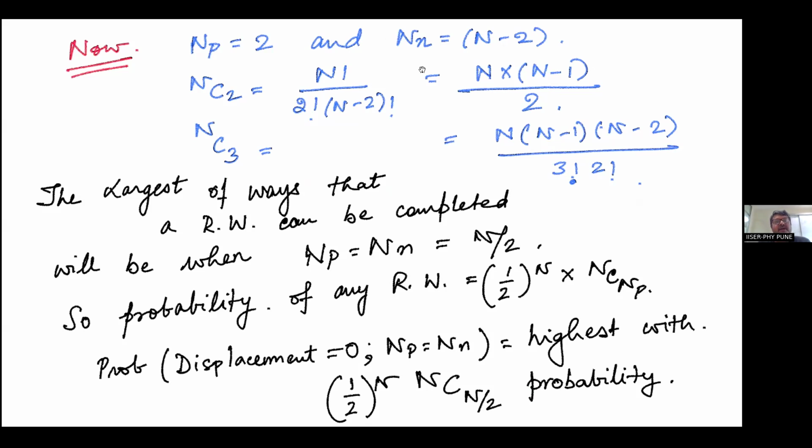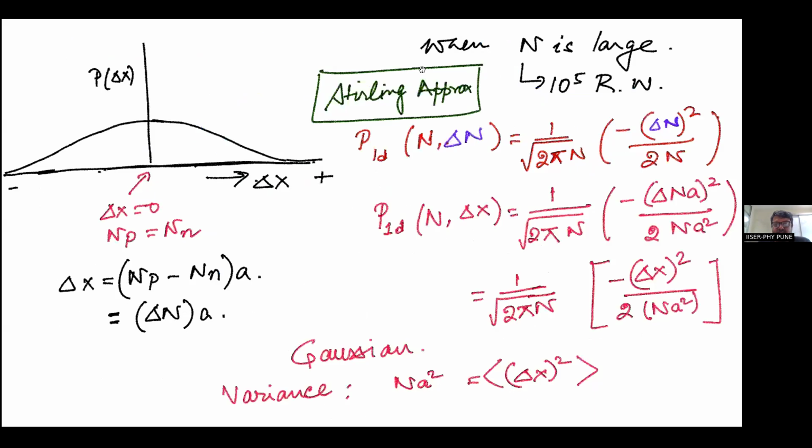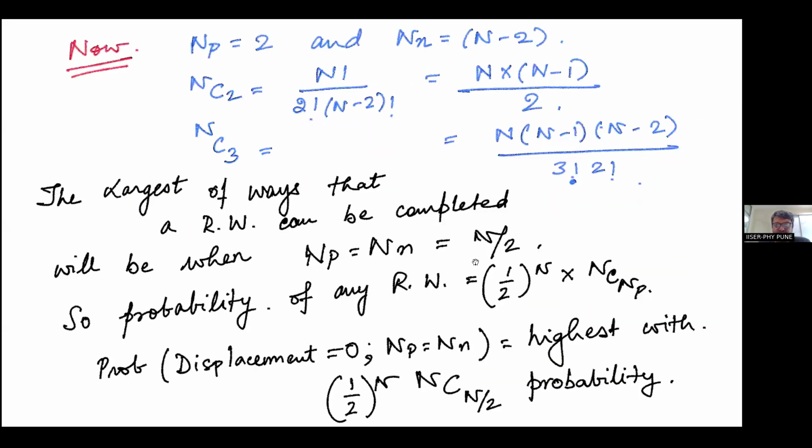When np equal to nn, you have the largest number of ways where you can have a random walk. Remember, assuming n is an even number, then essentially what you get is that the total displacement is zero, because the displacement is (np minus nn) into a.